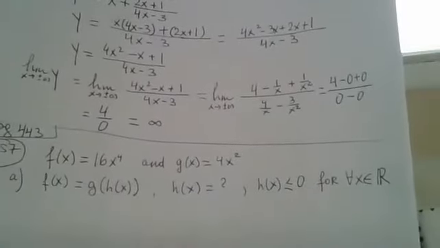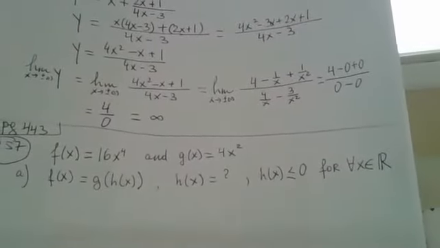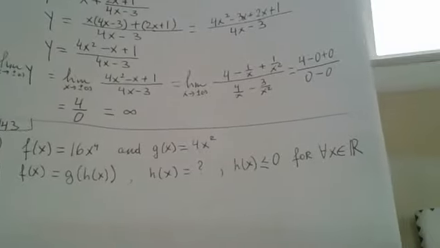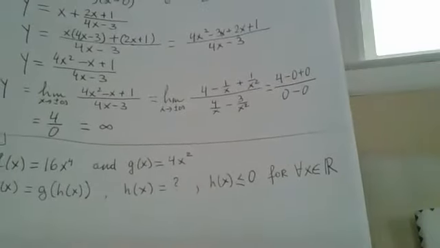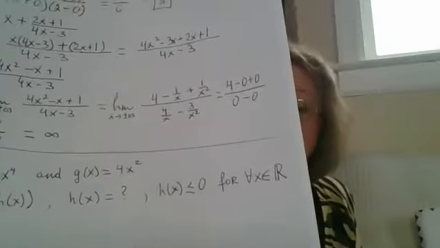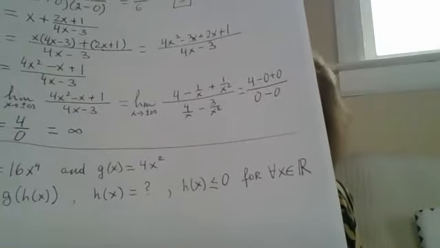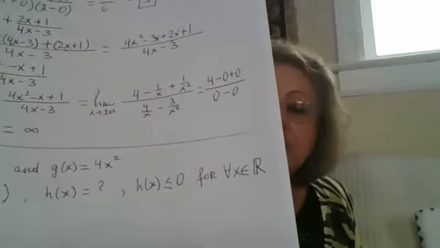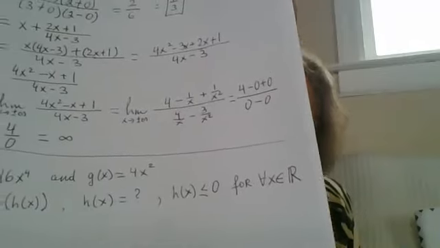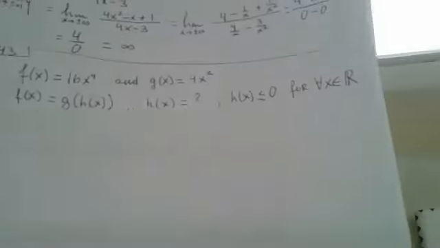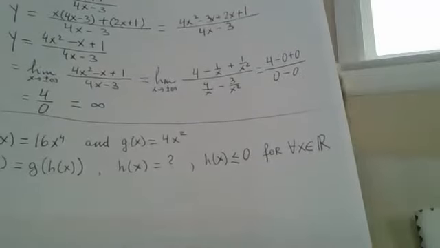How can I write for all x? I'm just writing, instead of letters, all math symbols. This is how I wrote it down. f at x equals the composition of g by h function. We need to find the formula for h at x, assuming that h at x is not positive for all x's from set R. Because for these functions, we do not use complex numbers for x values.